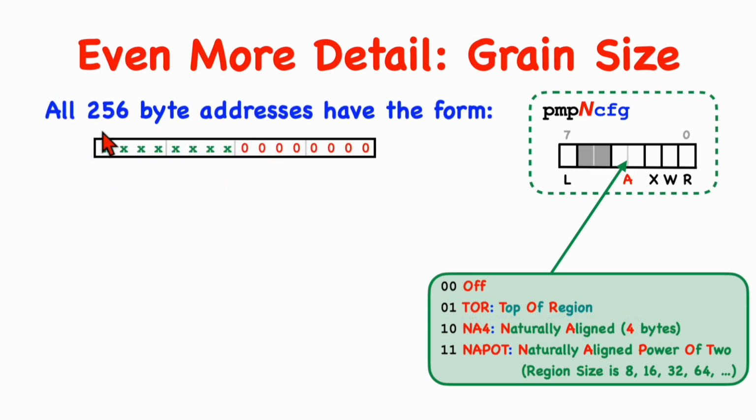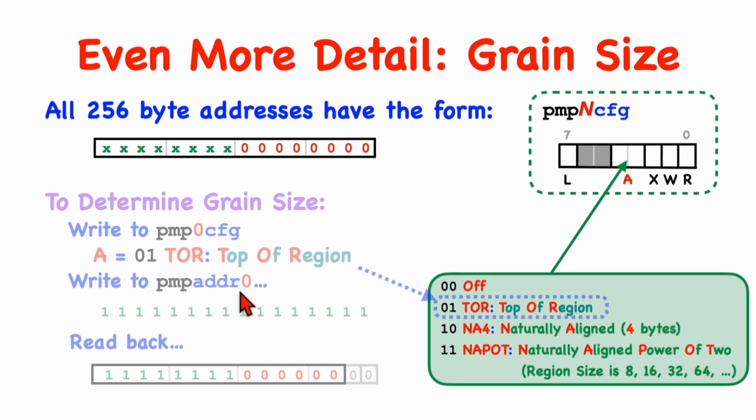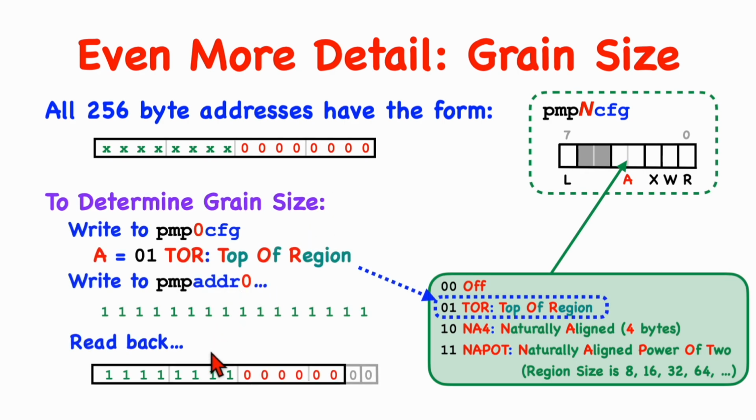Now let's consider our example where the grain size is 256. All properly aligned addresses will therefore end with 8 0 bits as shown here. To determine the grain size of the system, in case it can't be determined some other way, you could write some code. So the idea is to set one of the corresponding PMP configuration bytes to use the top of region code.